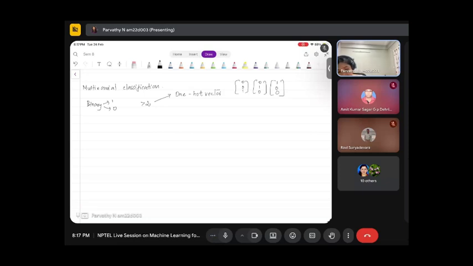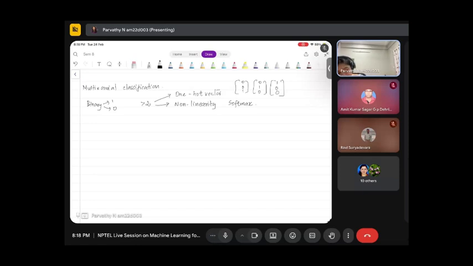And then since for binary classification we had sigmoid, but for multiple classes, for number of classes greater than 2, what do we use as the nonlinearity? One option to use is softmax.